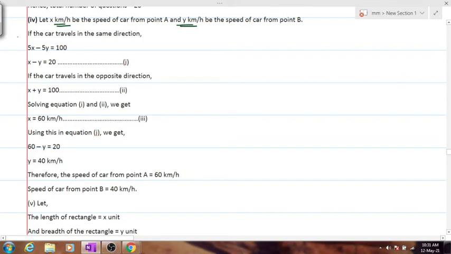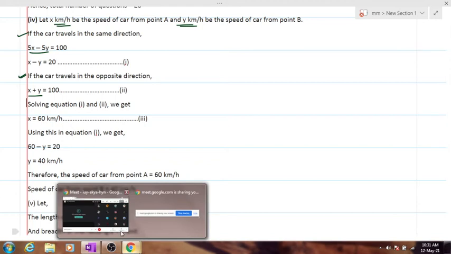If the car travels in the same direction, it will be this, and if the car travels in the opposite direction, it will be this. Clear? Copy it down and let me know what will be the speed of car A and car B. Did everybody understand this very beautiful numerical? Yes or no?